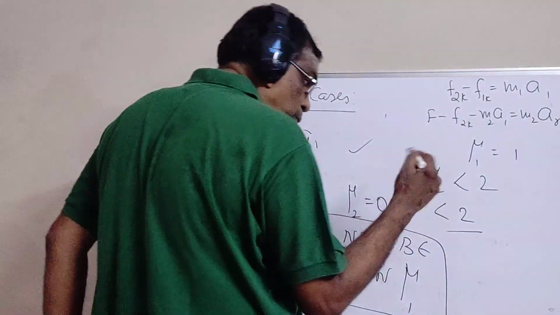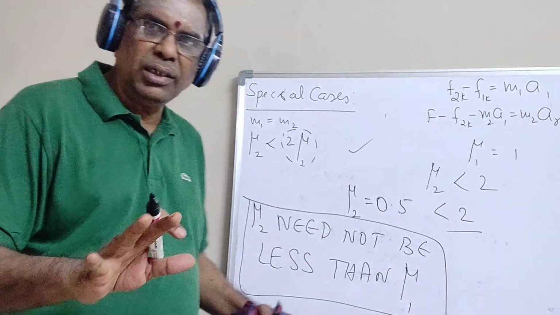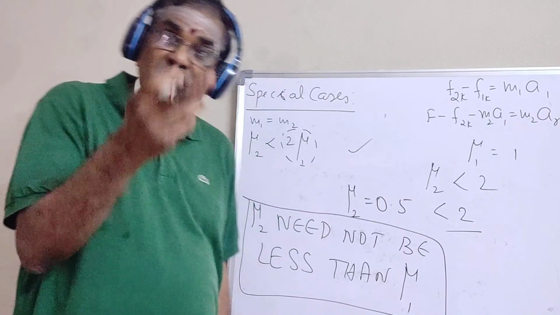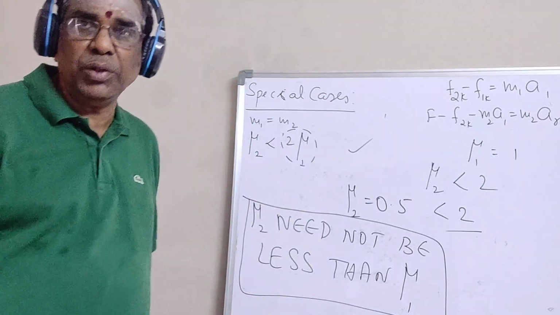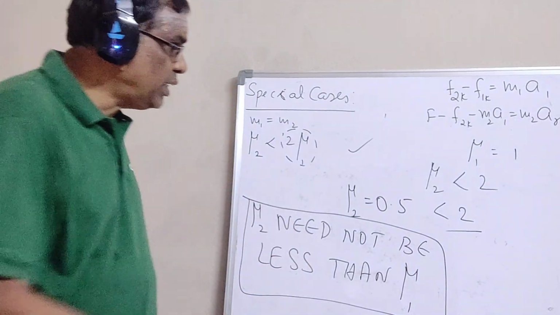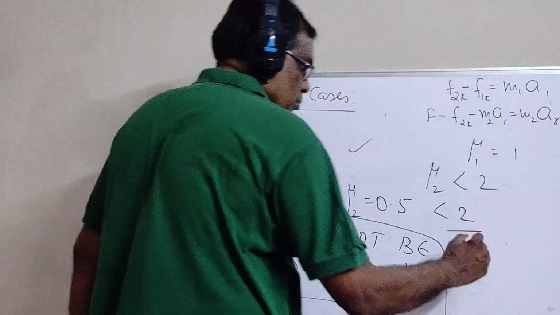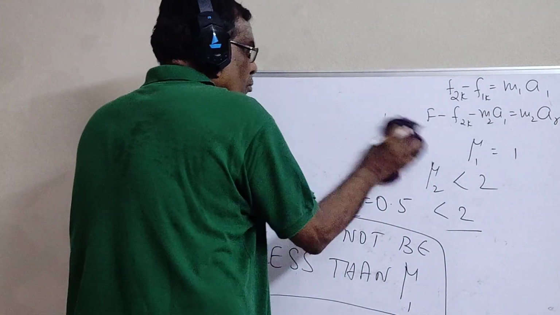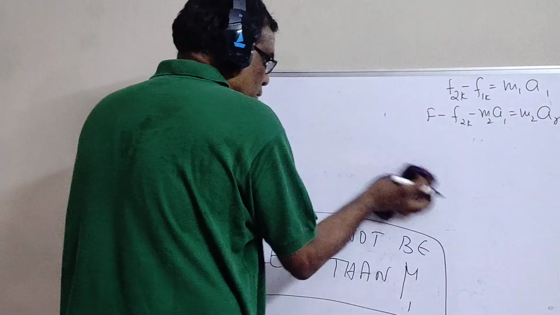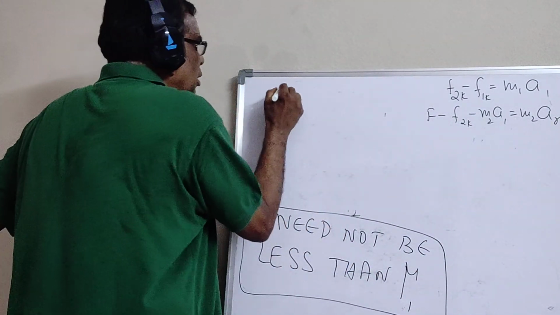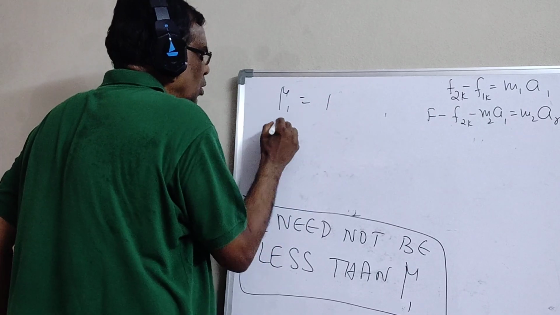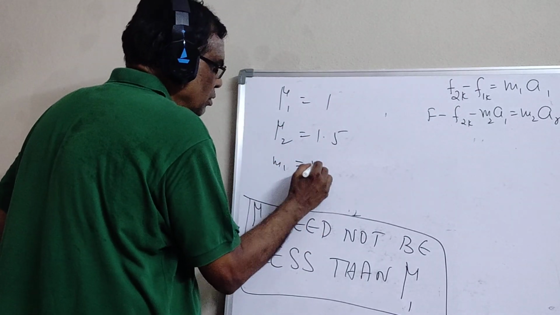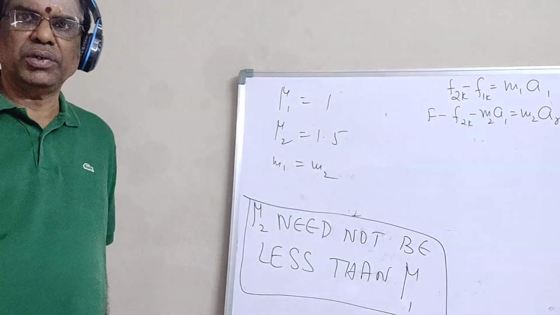Suppose if it is less than mu1, definitely that is possible. But even if mu2 is greater than mu1, if it is less than this, it works. I hope this point is clear. Suppose mu1 is equal to 1, mu2 is equal to 1.5, m1 is equal to m2.